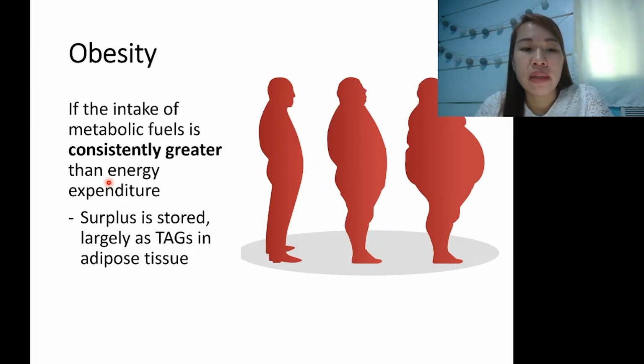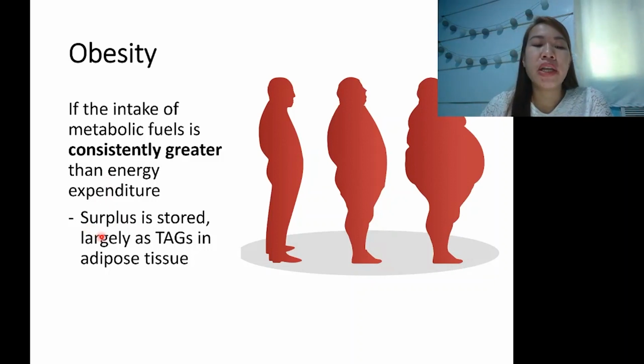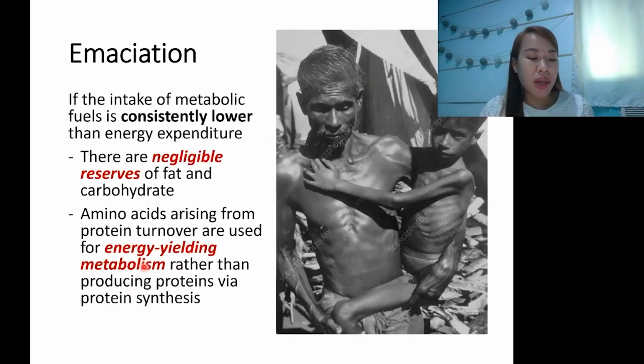Every day we eat burger, fries, bread, cake, then we don't exercise. So what will happen? We will have surplus or excess, and this will be stored largely as triacylglycerols in adipose tissue, now developing obesity.